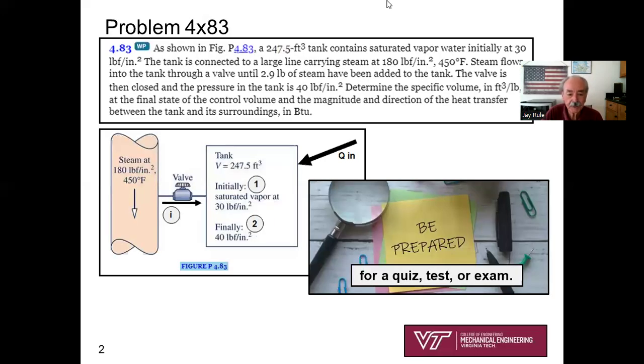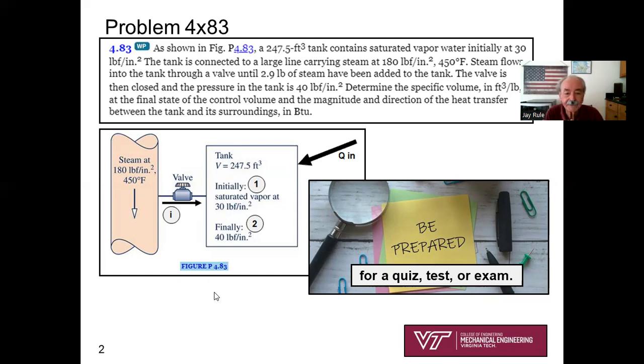It says, as shown in figure 483, which is shown below, a 247.5 cubic foot tank contains saturated vapor, that's going to be a clue, initially at 30 pounds per square inch. The tank is connected to a large pipeline carrying steam at 180 psi and 450 degrees F. Now, your intuition tells you that's going to be superheated vapor.